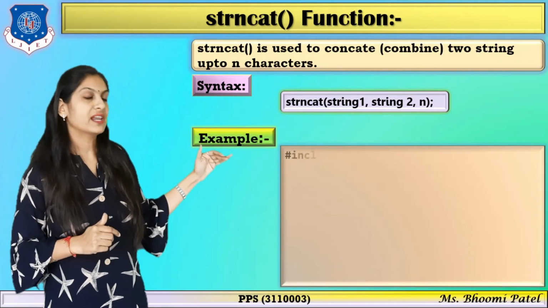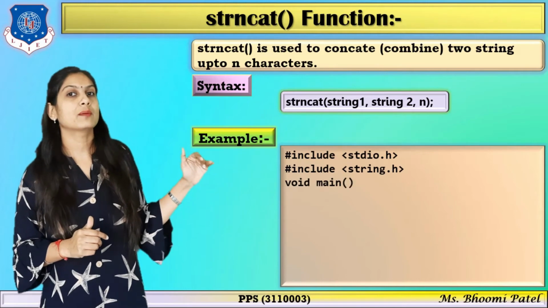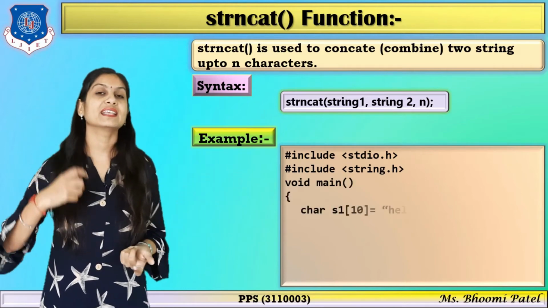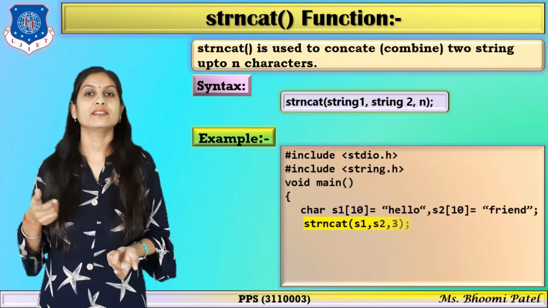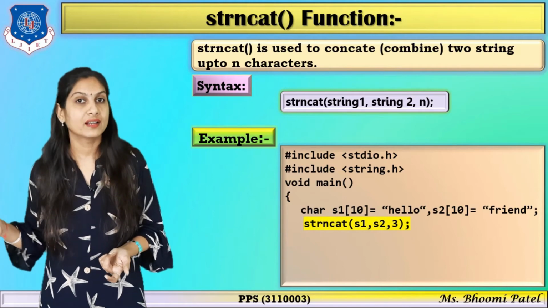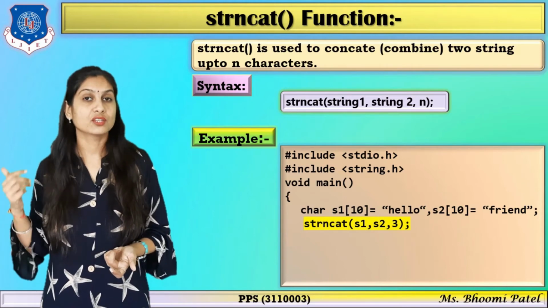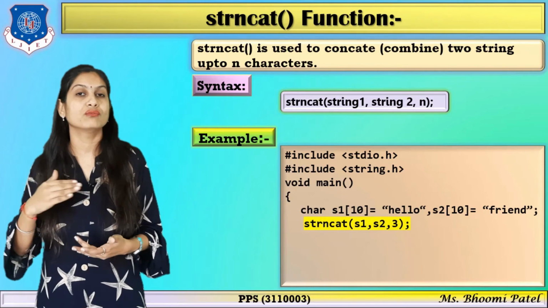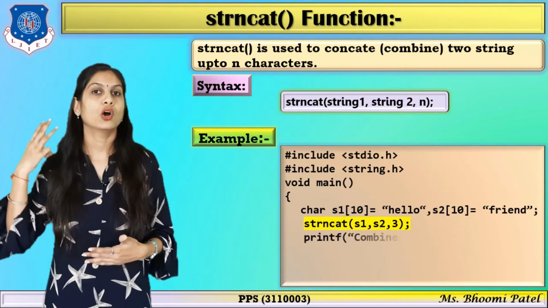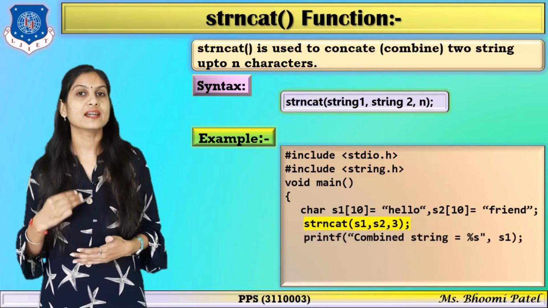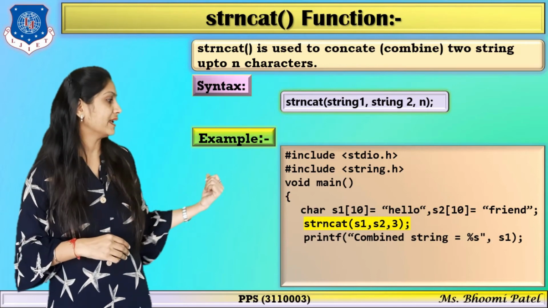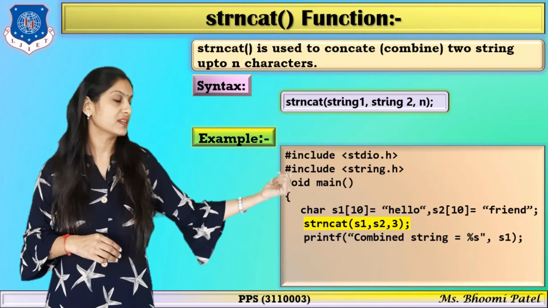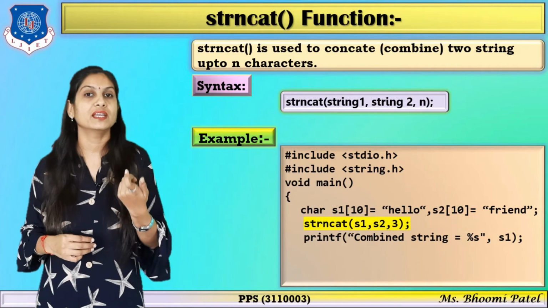Now see here in our example, the same program is there, only we have to write strncat and then s1, s2, 3. n is 3. So how many characters of s2 will be combined with s1? Only 3 characters. So in that case we print the combined string equals %s, and the data will be in s1.